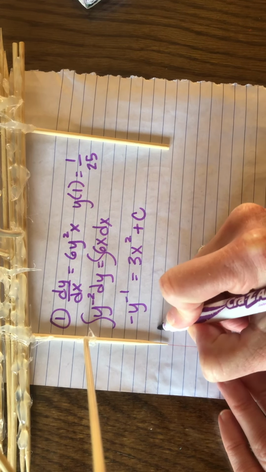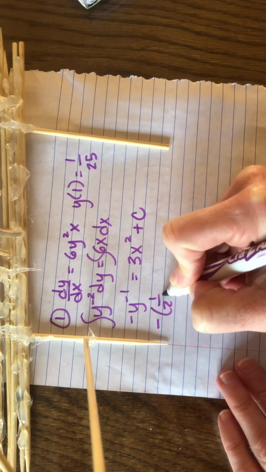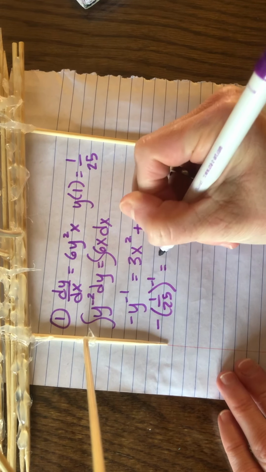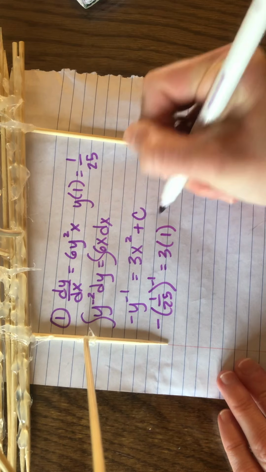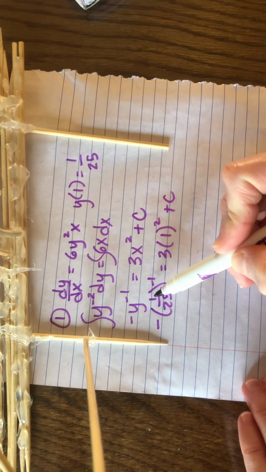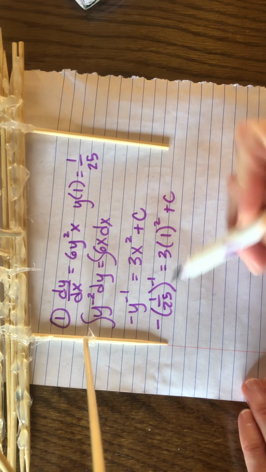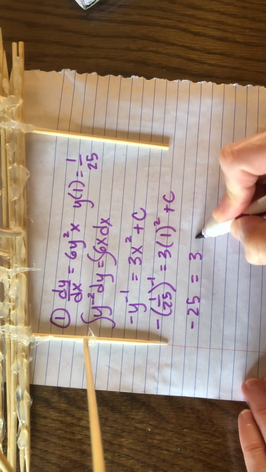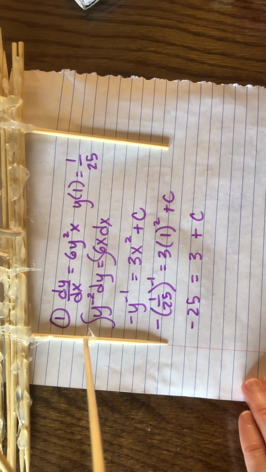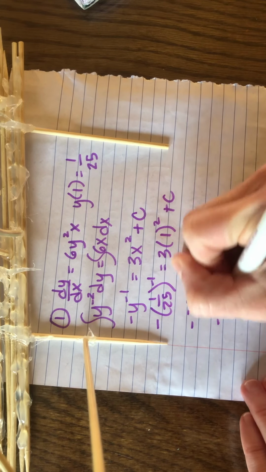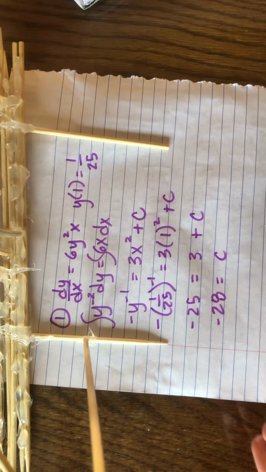So I have negative 1/25 to the negative first equals 3 times 1 squared plus c. So I'm going to take the reciprocal of 1/25 and get 25. So it's negative 25 equals 3 plus c. I subtract 3 from each side, and I determine that c must be negative 28.